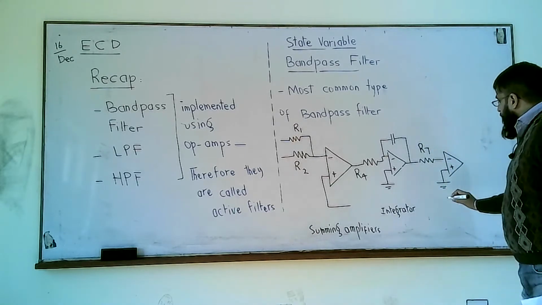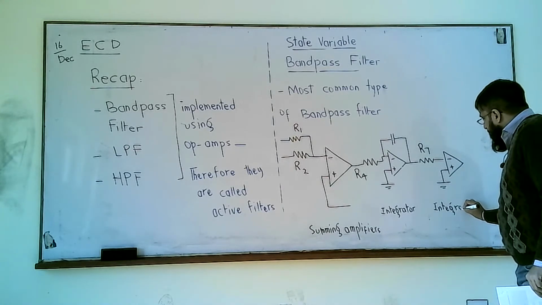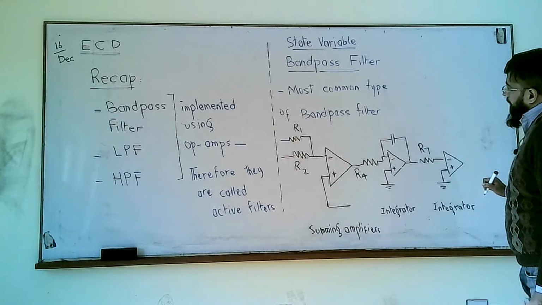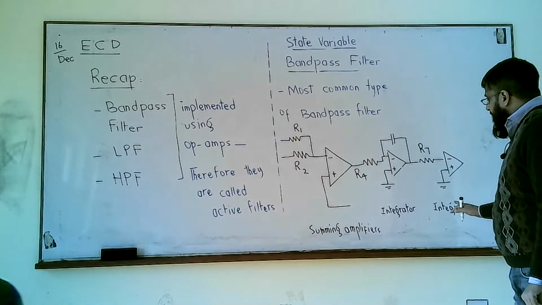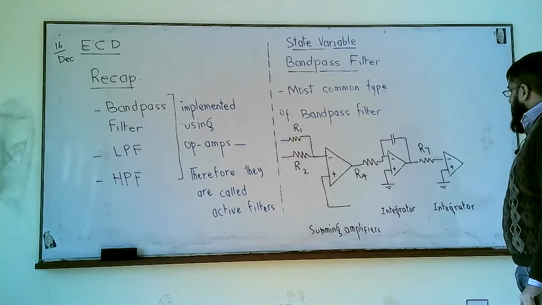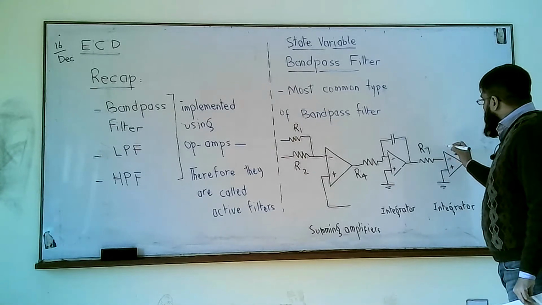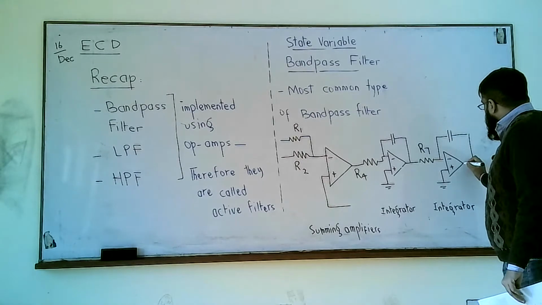This is also followed by an integrator. So we have 3 stages for this state variable band pass filter: a summing amplifier, followed by an integrator, followed by another integrator. To make this an integrator, we must have a capacitor in the feedback loop.